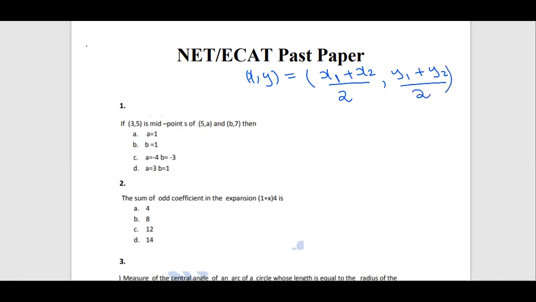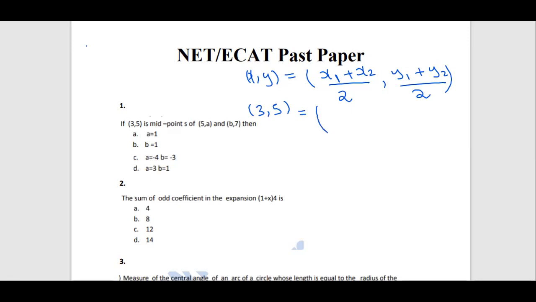All right. So basically, if we have been given 2 points, let's say x1, y1 and x2, y2, and we need to find the midpoint that is xy, we do it this way. Similarly, in this question, our midpoint is 3, 5.